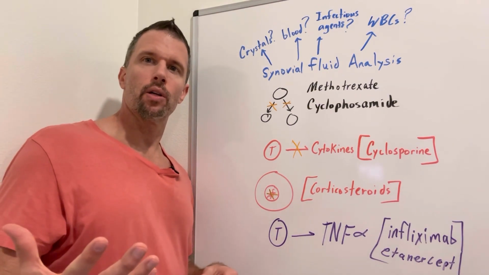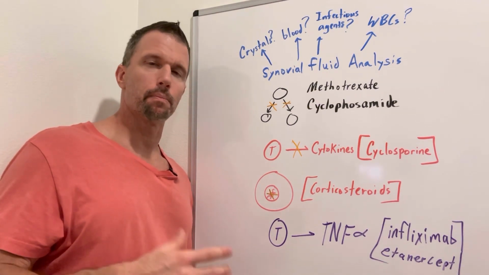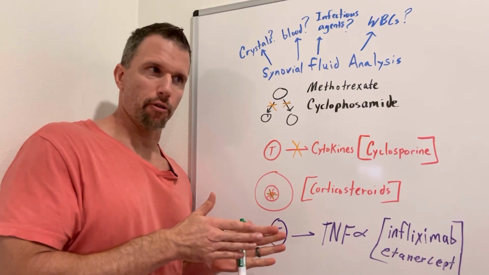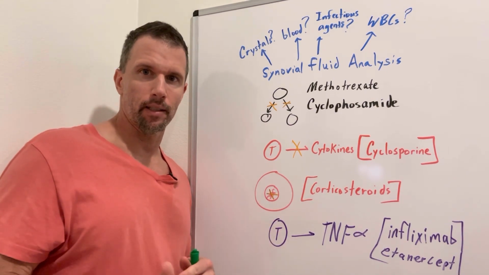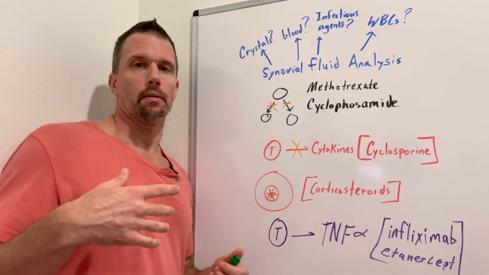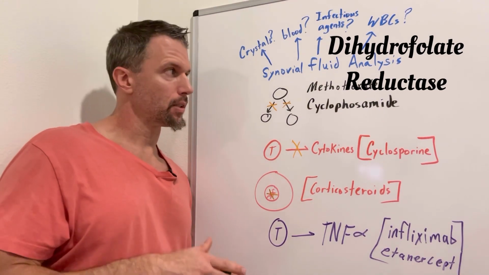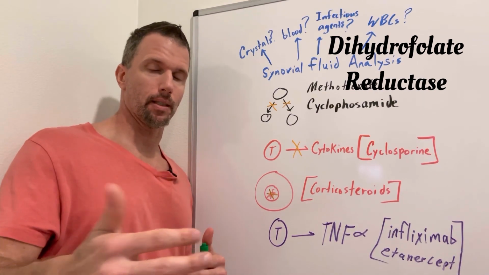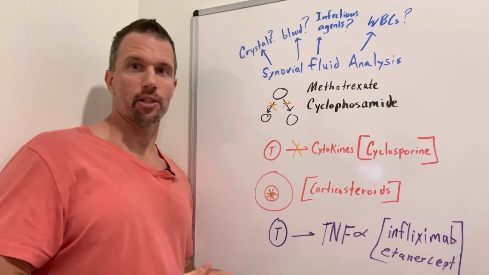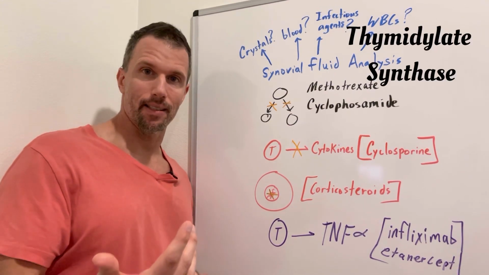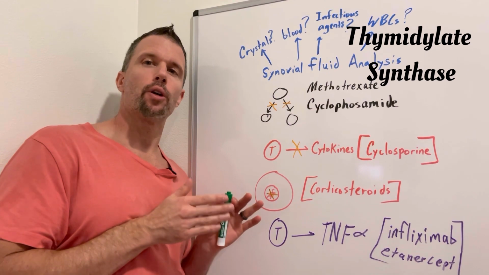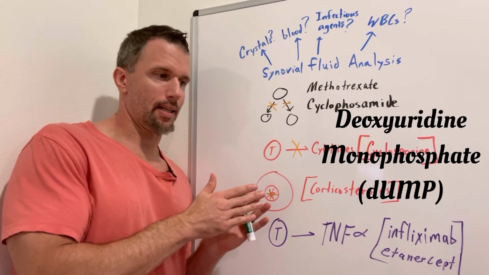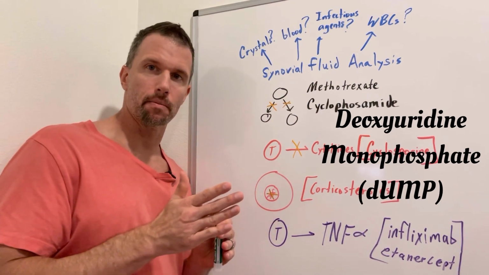Just to give you the enzyme names, folate is really important for making DNA, and dihydrofolate has to get to tetrahydrofolate via an enzyme called dihydrofolate reductase. Methotrexate will inhibit that, and that's a key step in getting to a nucleotide ultimately. Then further down the pathway, there's another enzyme called thymidylate synthase. Whenever you have dUMP, which stands for deoxyuridine monophosphate, it has to get over to deoxythymidine monophosphate.